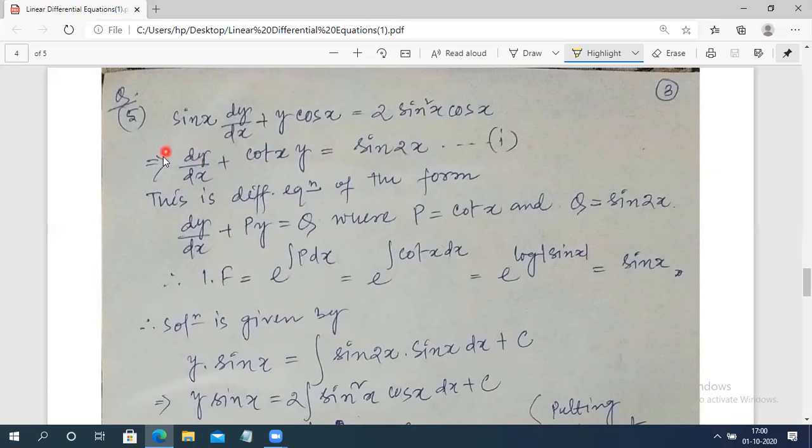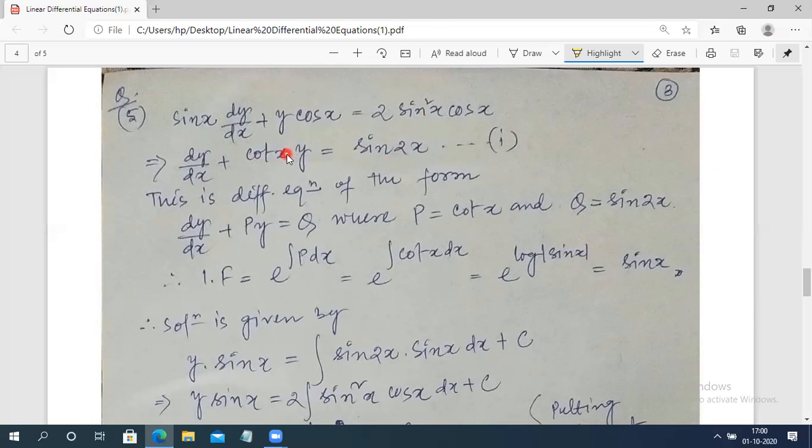Now it is again of the form dy/dx plus p into y is equal to q, where p and q both are functions of x alone.